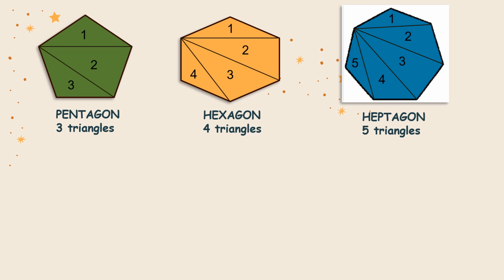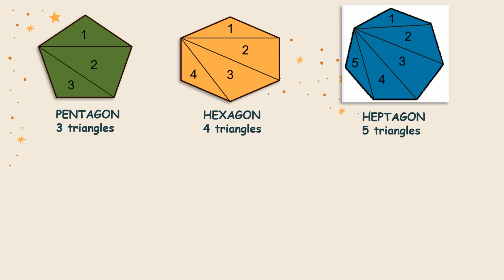2 less than the number of sides. For example, in case of pentagon, I'll explain again. There are 5 sides in a pentagon here. How many triangles? 3. So basically 2 less than the number of sides, isn't it? Same in case of hexagon. 6 sides. 6 minus 2, 4.